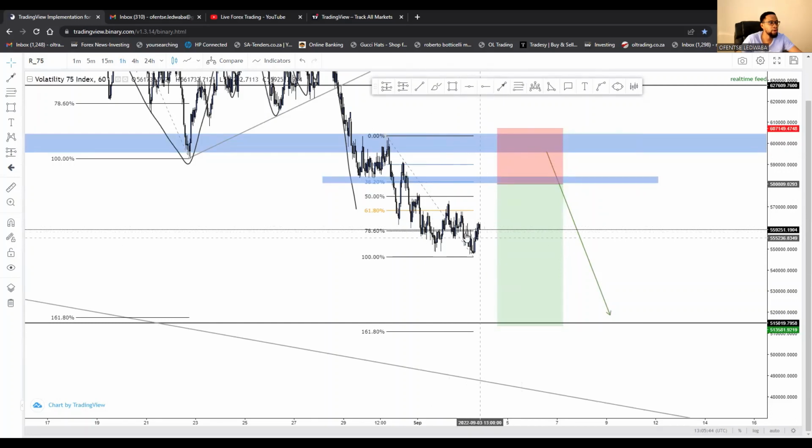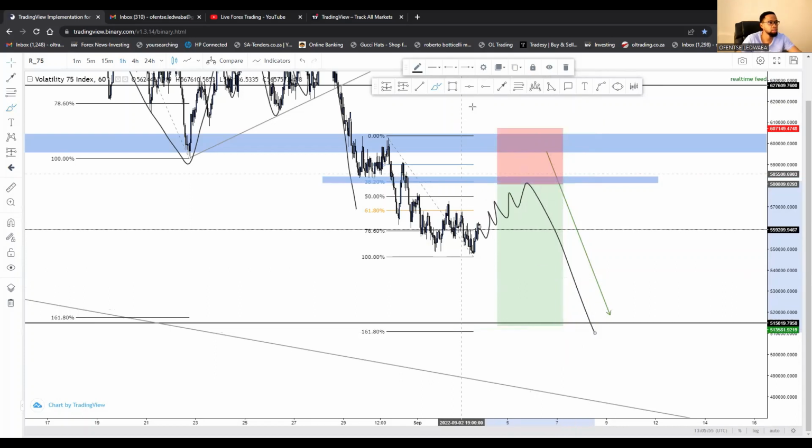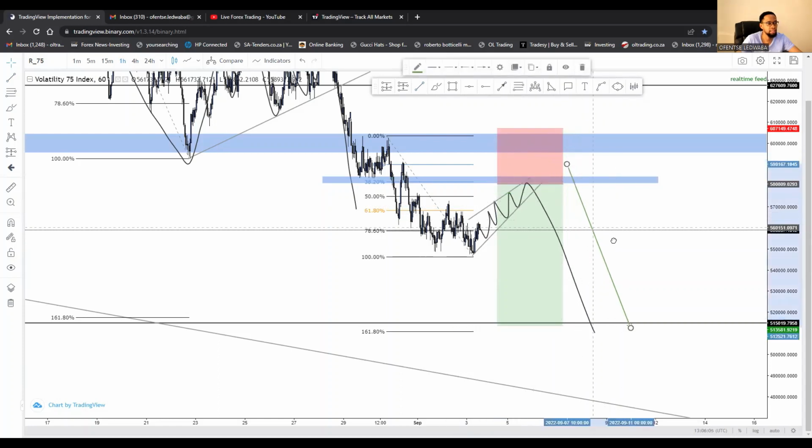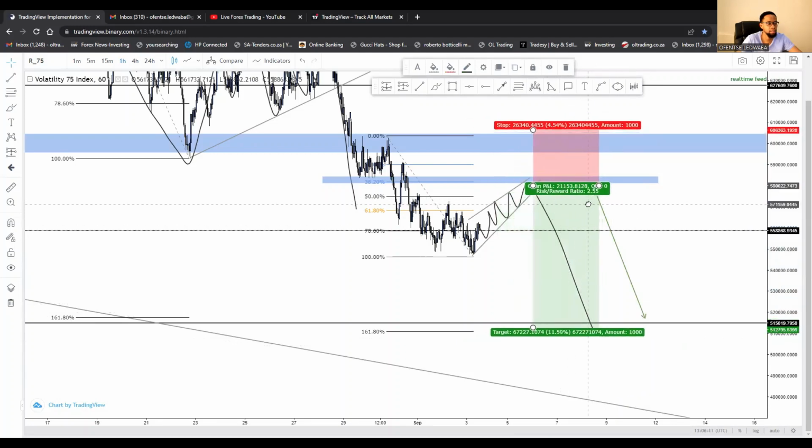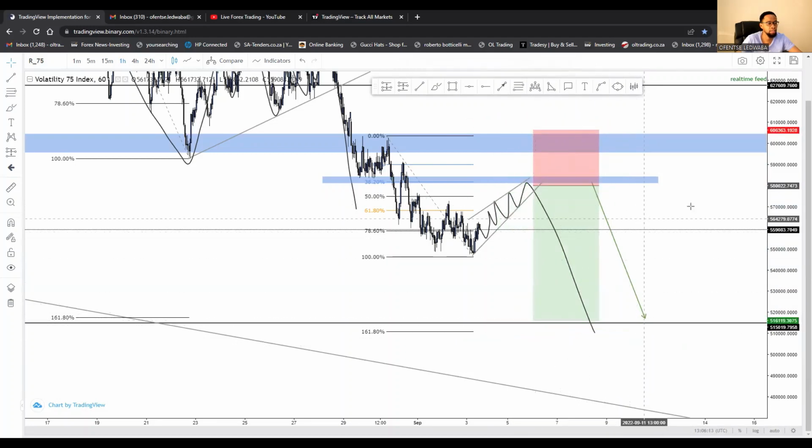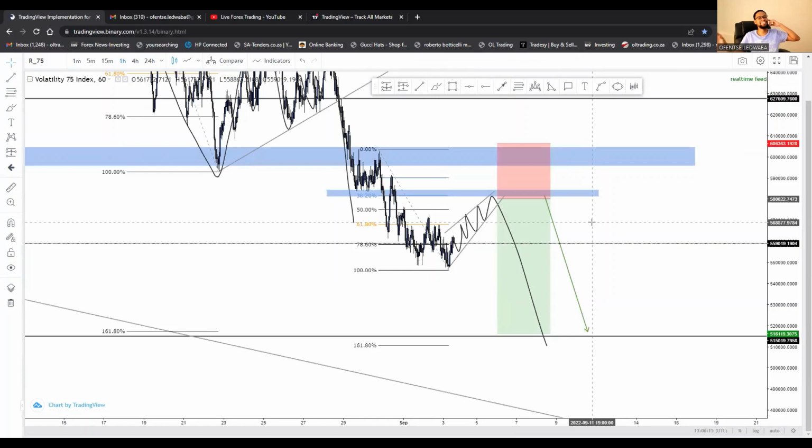So I'm gonna wait for the market to come here before dropping. So I must have a channel like this. Okay, so I'm looking at dropping here. This is what I'm expecting, guys.